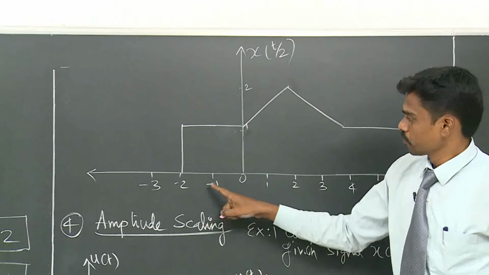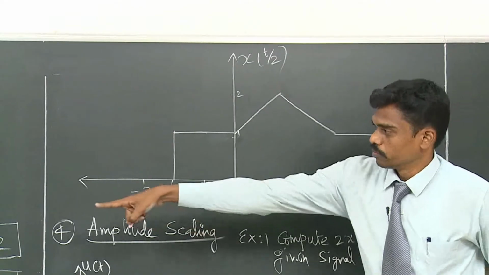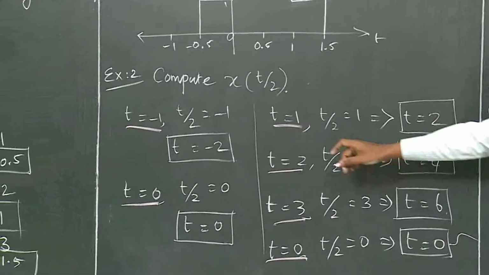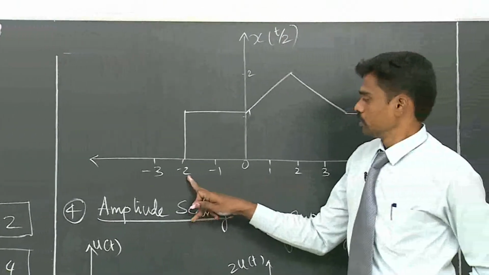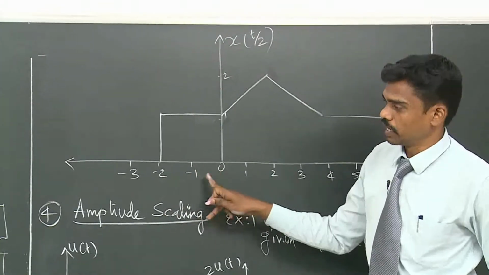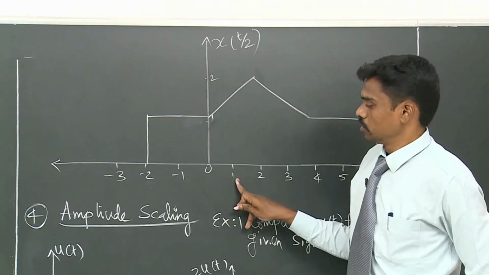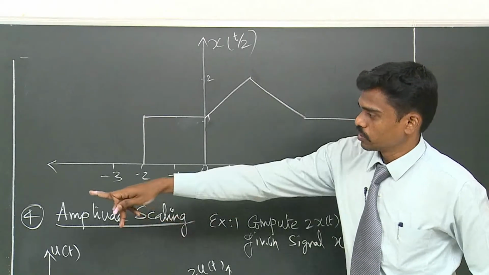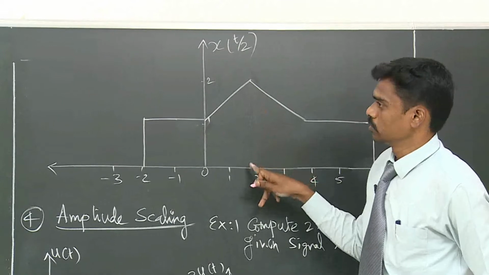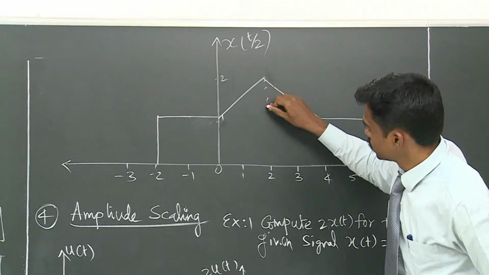See here, -1 is shifted to -2. Next, 0 is not shifted anywhere, t is equal to 0. t is equal to 1 is shifted to 2.